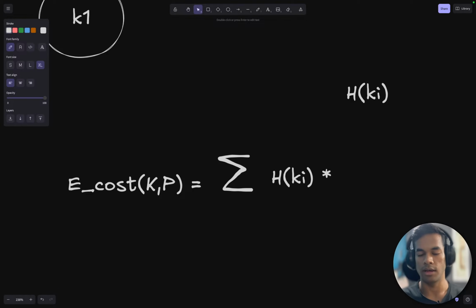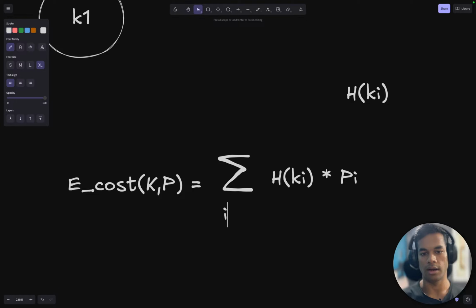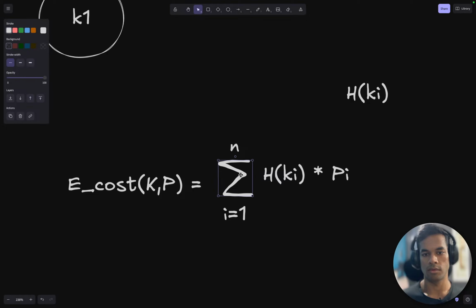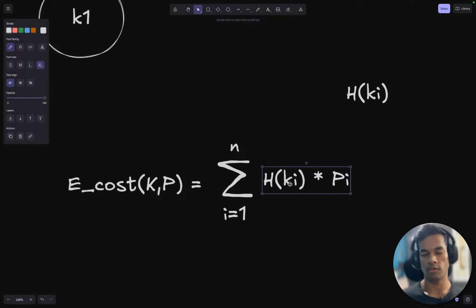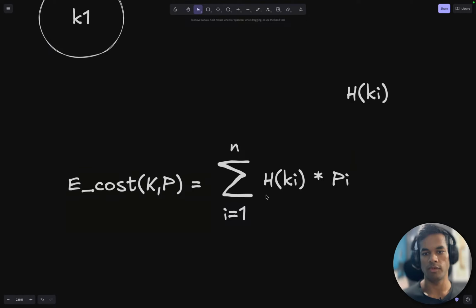We are not going into the specifics, but generally this would be the thing: height of ki into pi, that is what we are summing, and i goes from 1 till n, which here is 5, but we can just work with the general case. So this is what we will have, and this is what we are trying to reduce to its minimum value.